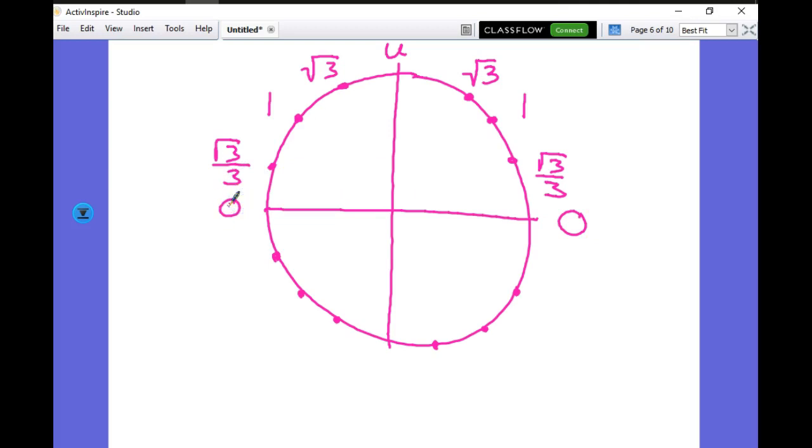Now, I'm going to talk about signs in a minute because there are some negatives, and I'll show you how you can know. But for now, let's just get the numbers on there. If we take the top half and flip it down to the bottom, the radical 3 over 3 matches this point. So this is radical 3 over 3. This is 1, and this is radical 3. This is undefined. This is radical 3, 1, and radical 3 over 3.